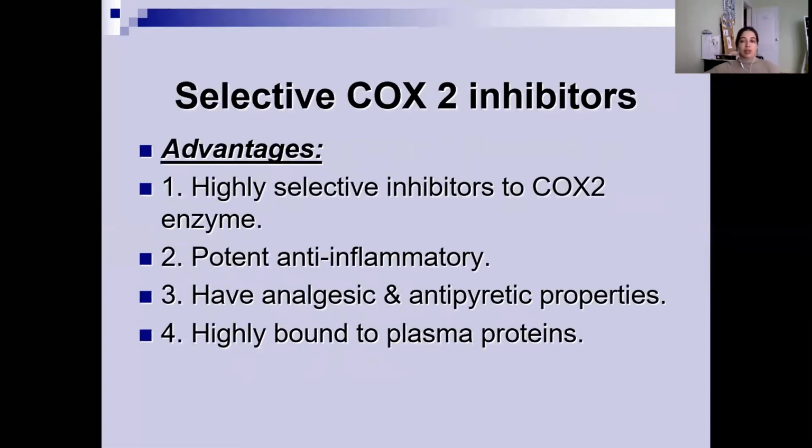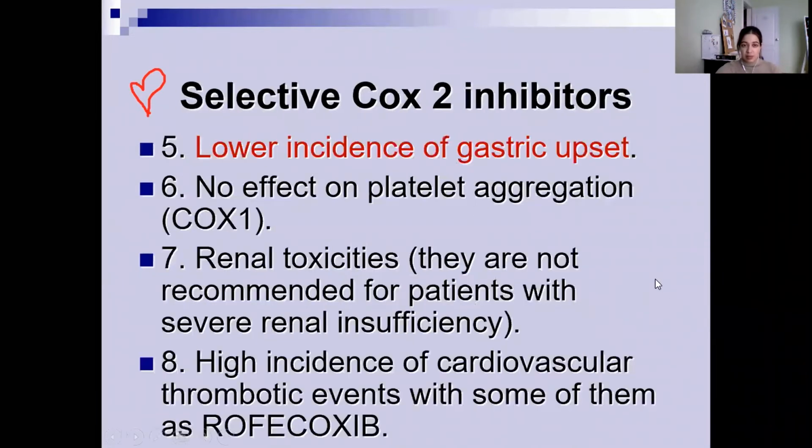And now about the selective cyclooxygenase 2 inhibitors. This is more interesting for us because they have some advantages. They are highly selective to inhibit cyclooxygenase 2. They have a potent anti-inflammatory, analgesic, and antipyretic effect, and are highly bound to plasma proteins. But for us, the best thing is that they have a lower incidence of gastric upset, I mean gastric ulcers and gastritis and so on.